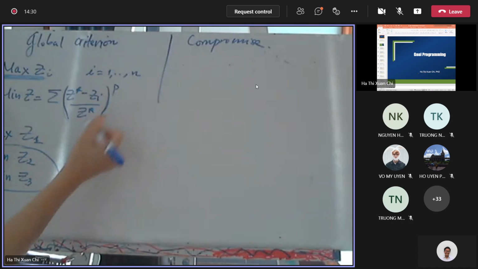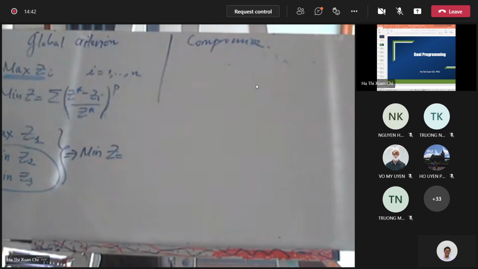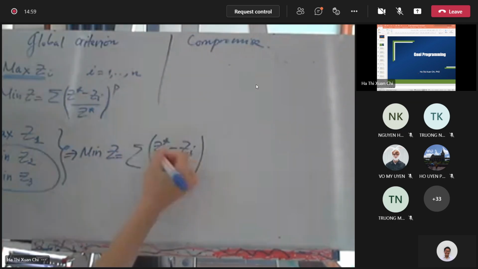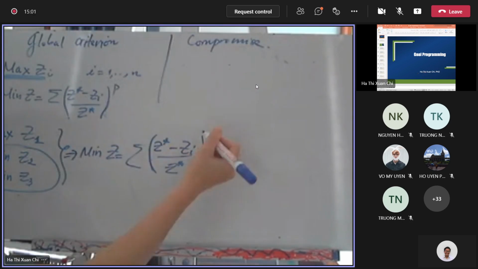So mean Z. Mean Z. Z star minus Z. So that is for maxima, right? So it's the better you can use this and plus one like this.